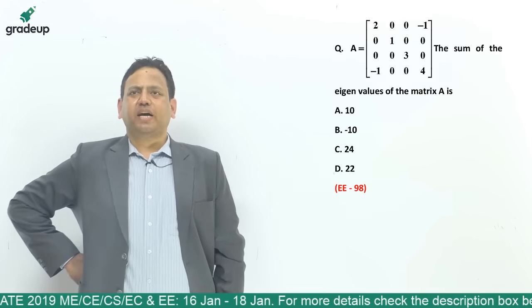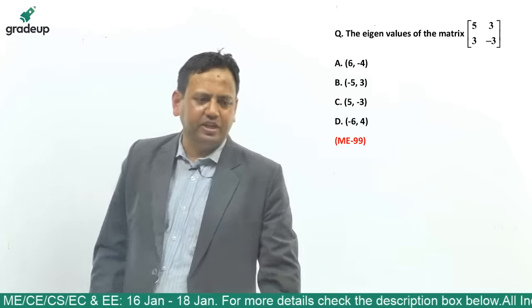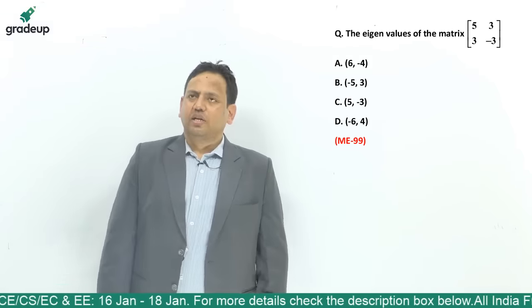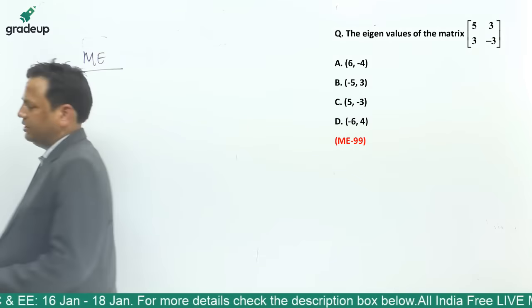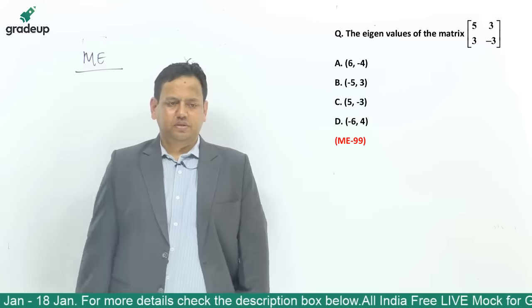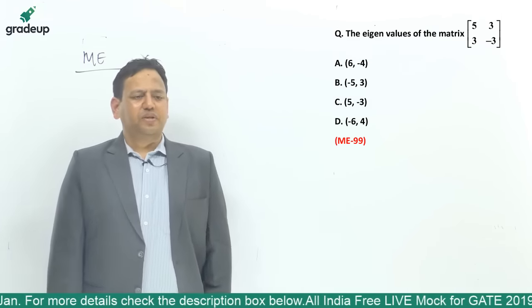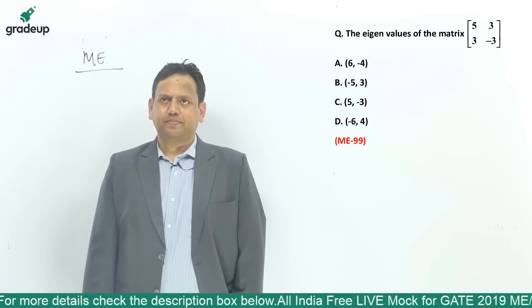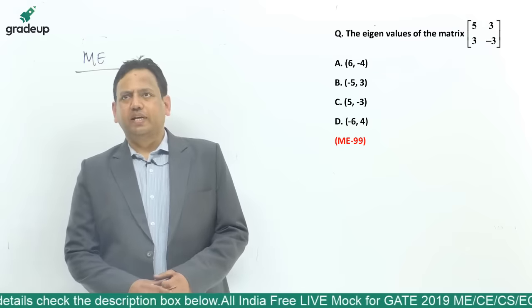Why? Because the sum of the eigenvalues is equal to the trace of the matrix, so you have to add the diagonal elements only. Now write down your answer by ME. The sum of the eigenvalues of the matrix is 10. Very good. Electrical A.